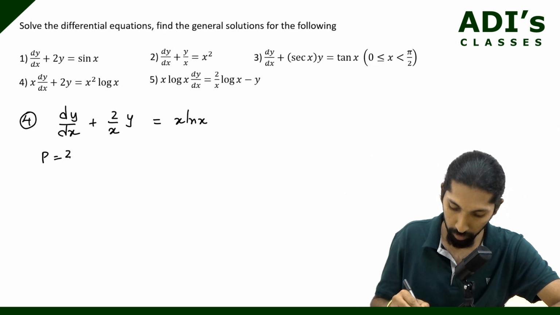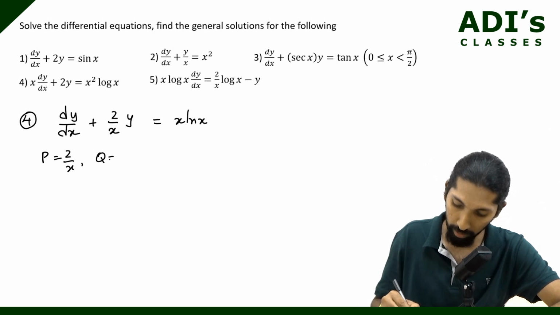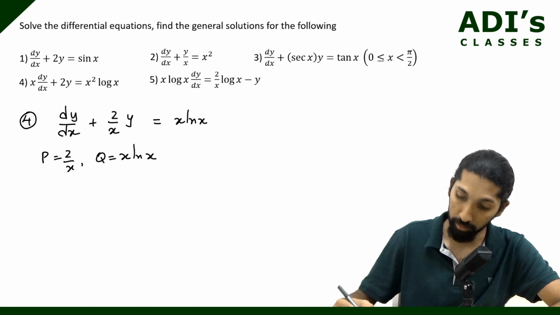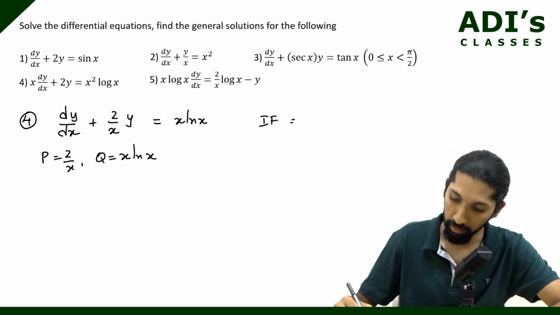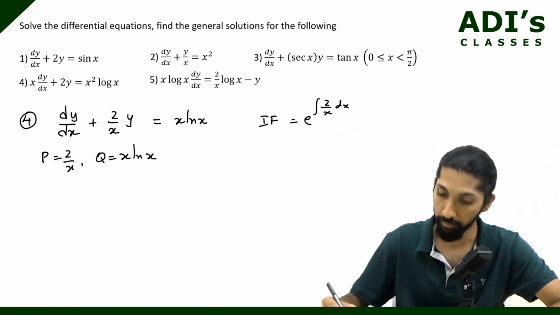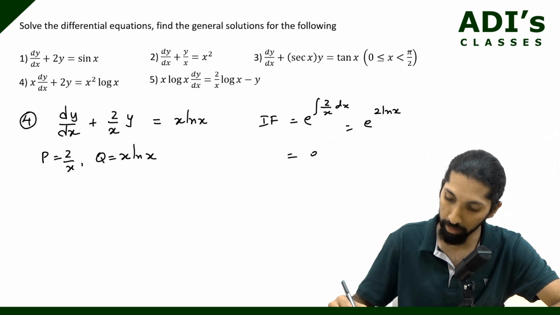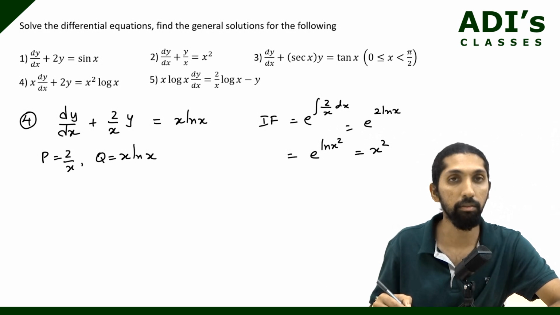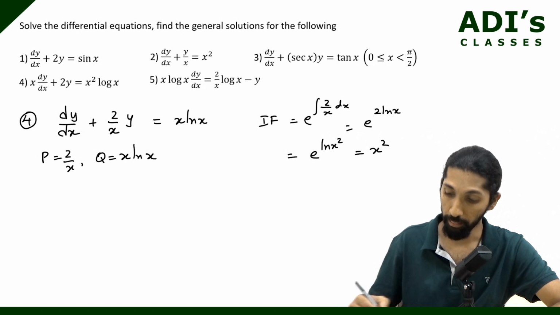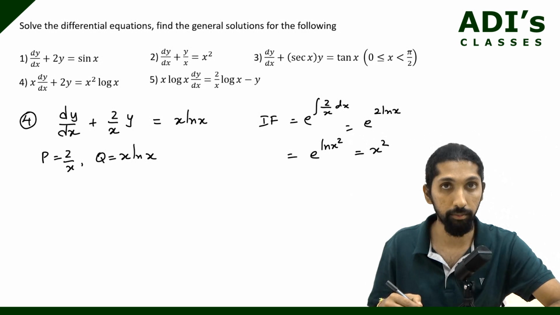So p value is 2 by x, q value is x log x, right? Now the integrating factor e to the power of integral of 2 by x dx, right? E to the power of 2 log x or e to the power of log of x square, which is nothing but x square. Very simple. So integrating factor is x square now.